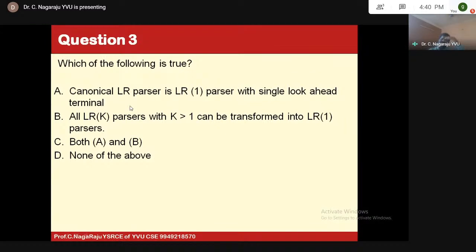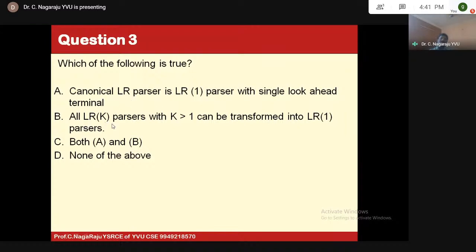In the beginning session I showed that the LR0 parser is a subset of the SLR parser, the SLR parser is a subset of the LALR parser, and that is a subset of the LR1 parser, that is, the canonical CLR or LR1 parser. So the canonical parser is an LR1 parser with a single lookahead, so A is correct.